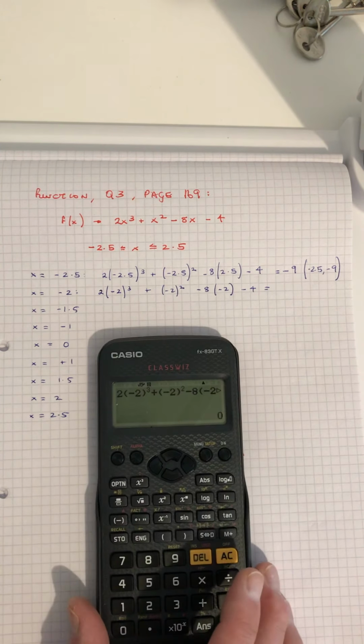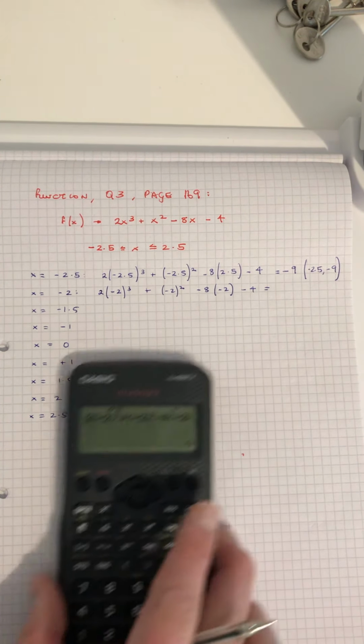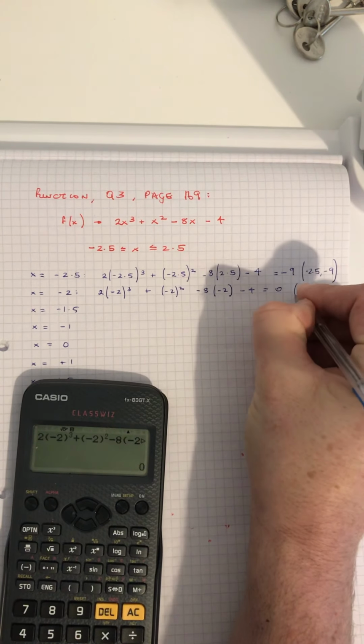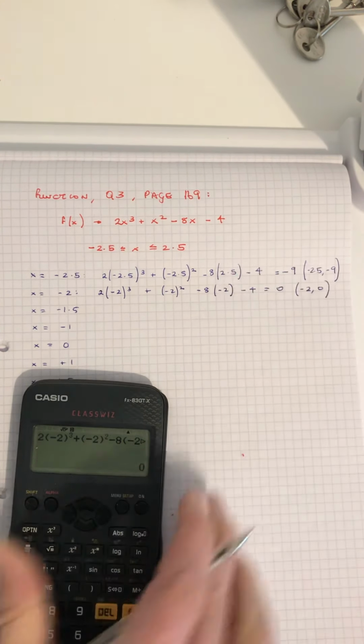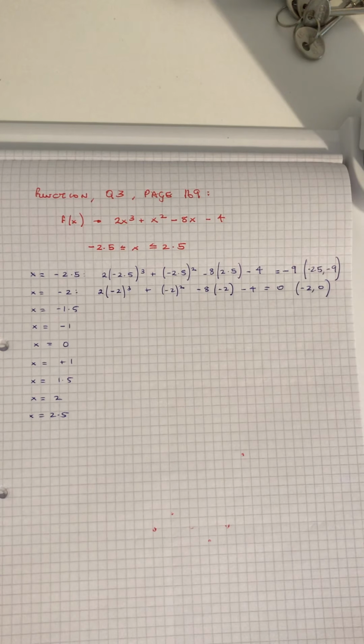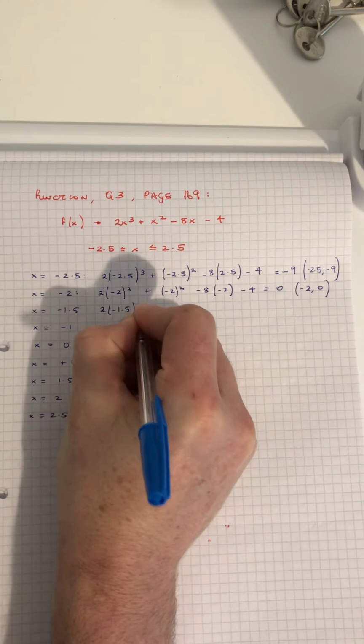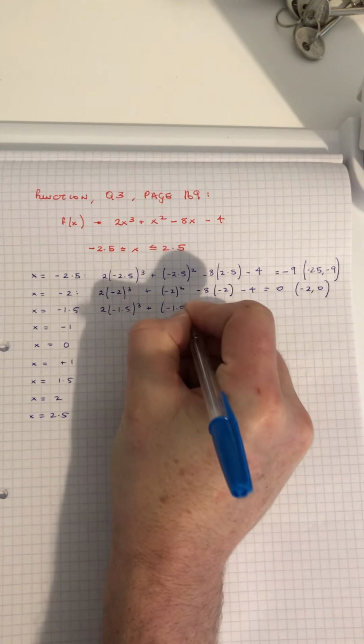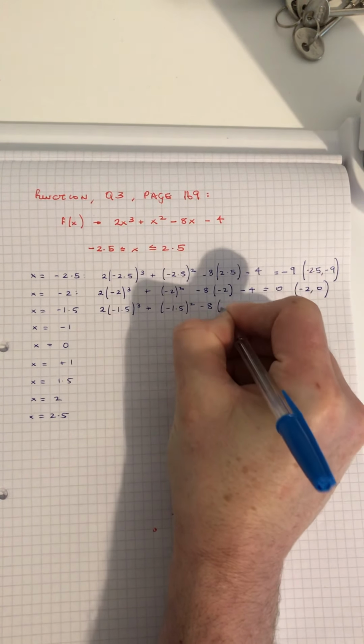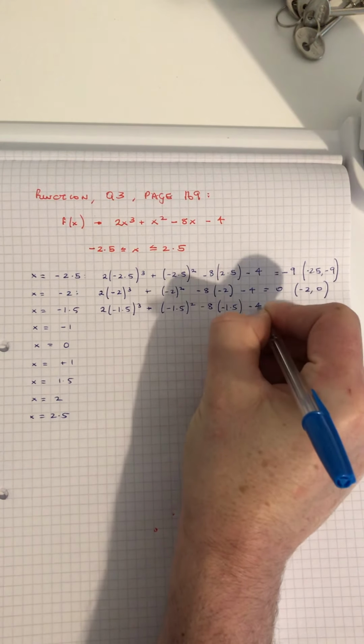And equals. And we get 0. So minus 2, 0. So the next one, 2 times minus 1.5 cubed plus minus 1.5 squared minus 8 times minus 1.5 minus 4.